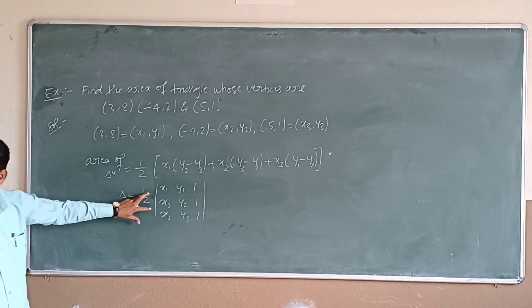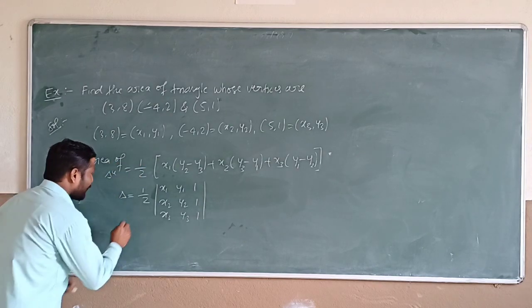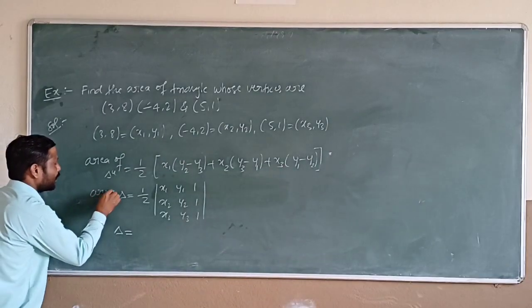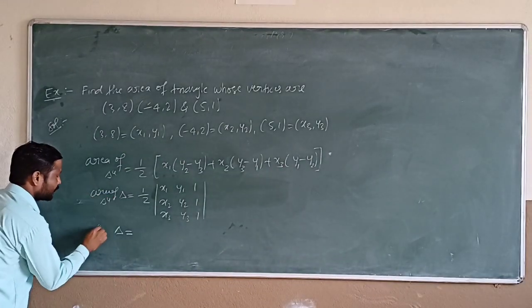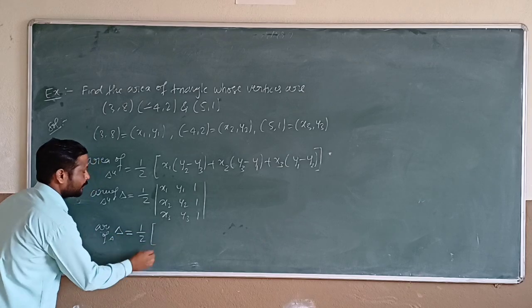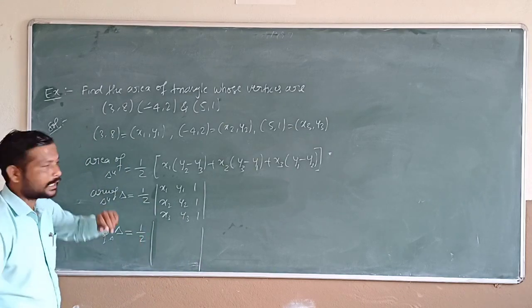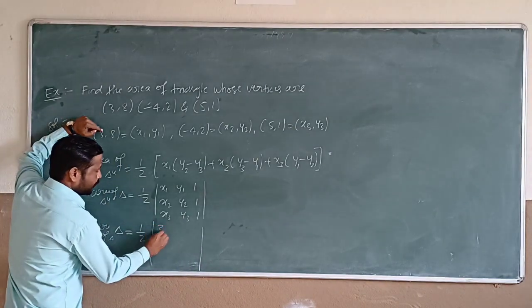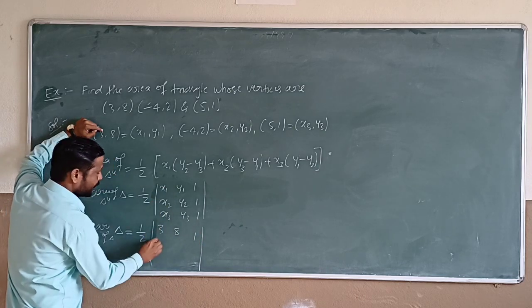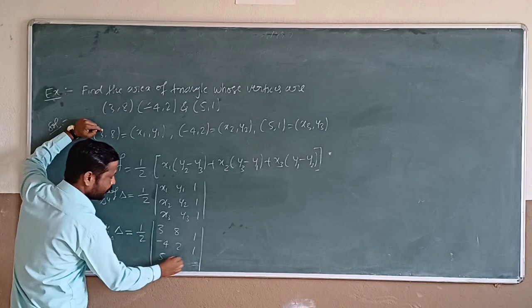Write down, delta is equal to the area of the triangle, 1 by 2 into the determinant with rows 3, 8, 1; minus 4, 2, 1; and 5, 1, 1 now.